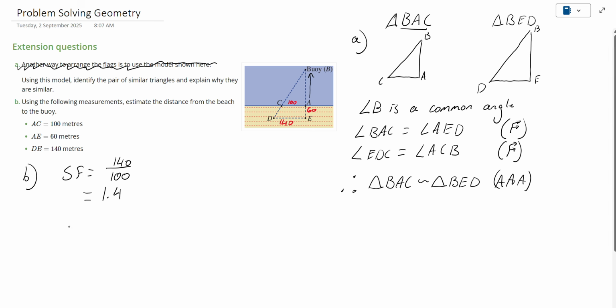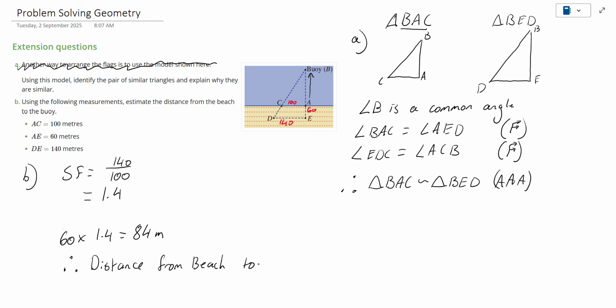So we're going to go 60 times 1.4, and that equals 84 meters. So the distance from beach to buoy is 84 meters.